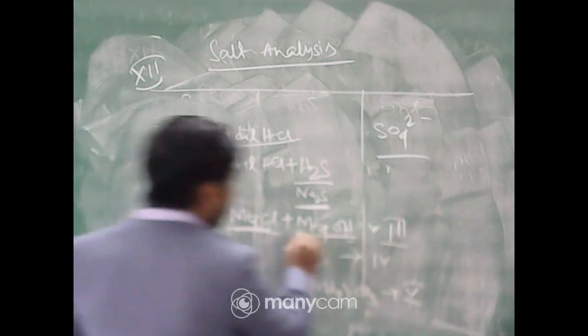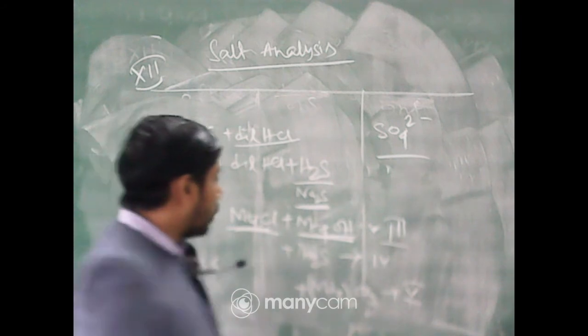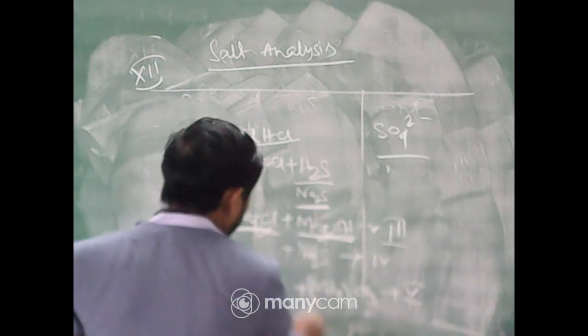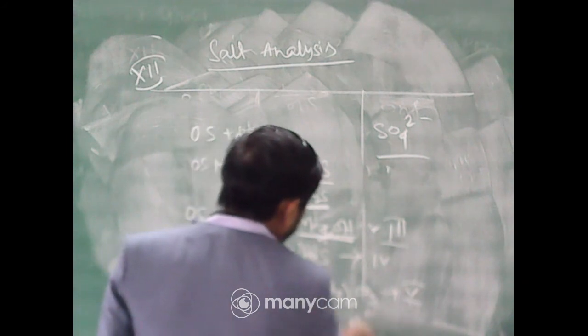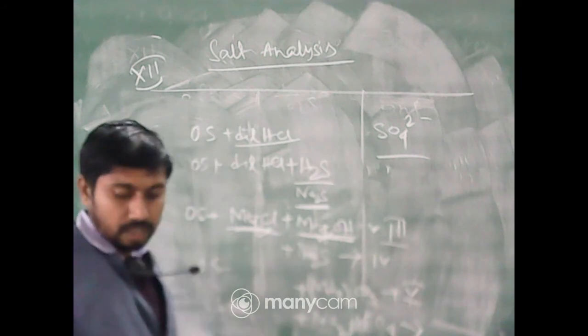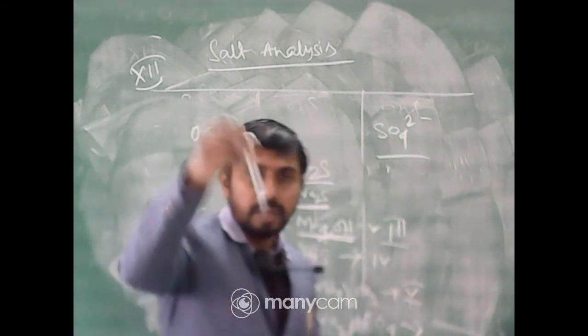Ammonium chloride, ammonium hydroxide, and then disodium hydrogen phosphate, Na2HPO4. So original solution plus NH4Cl, NH4OH plus Na2HPO4. Now check whether any precipitate comes or not. So this is my original solution.